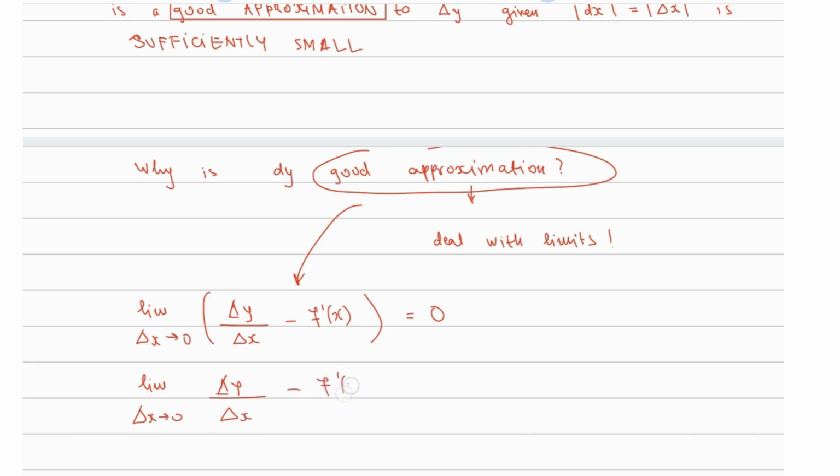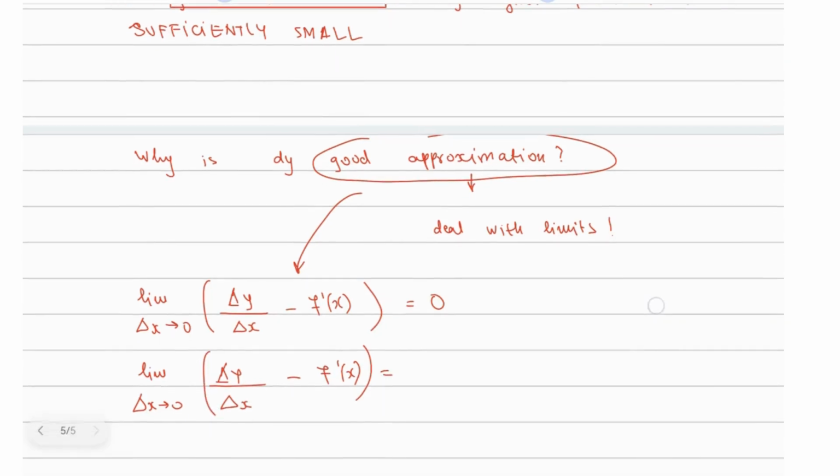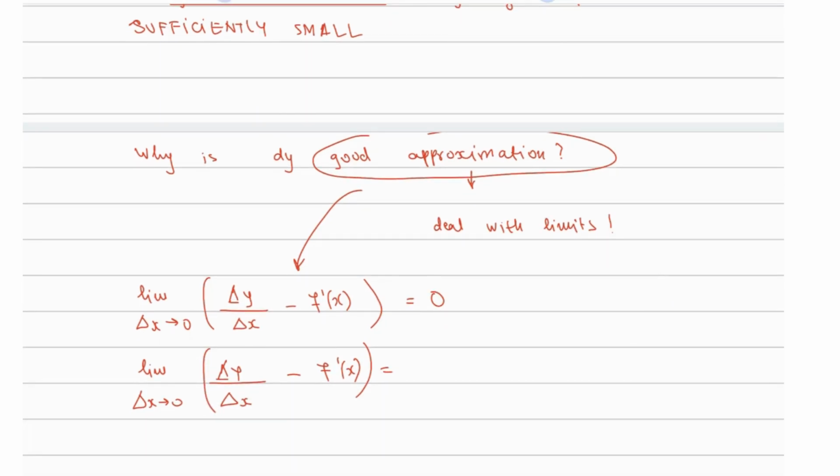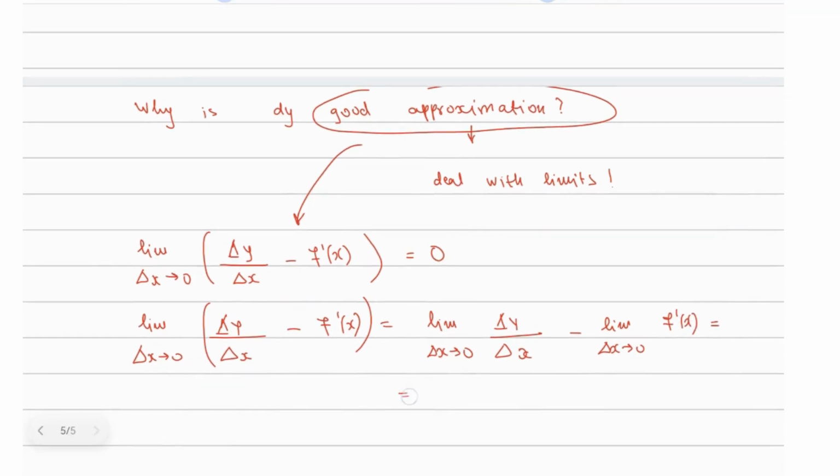Now both of these limits exist. So the limit when delta x goes to 0 of delta y over delta x minus the limit, which is just formal here because f prime of x is just a constant, is f prime of x minus f prime of x, and that is 0.